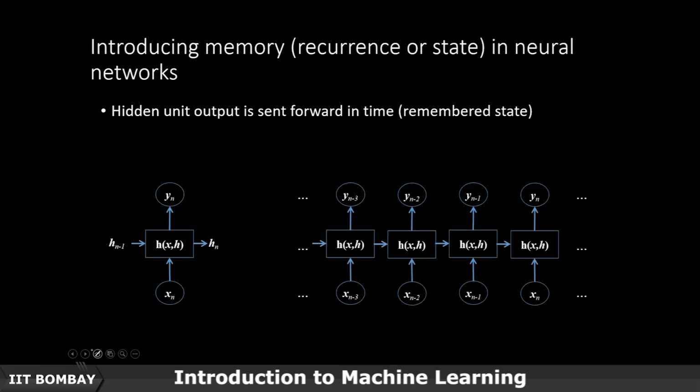All right. Now there are situations where we do not want to treat each input of a neural network as independent from another input. Until now we have been assuming that they are IID, independently identically distributed, but let's say the training samples come in a sequence.